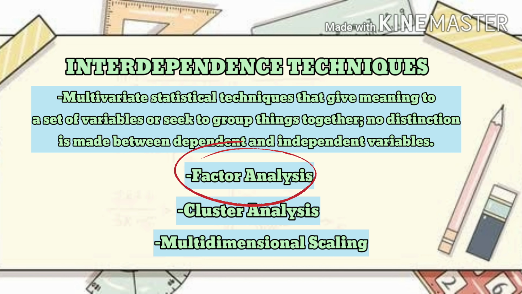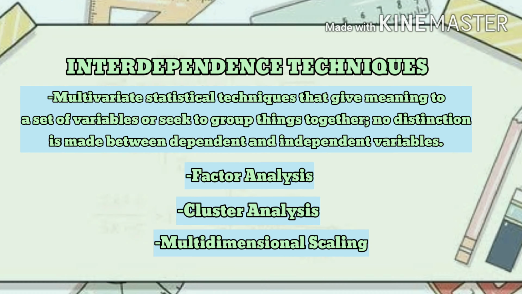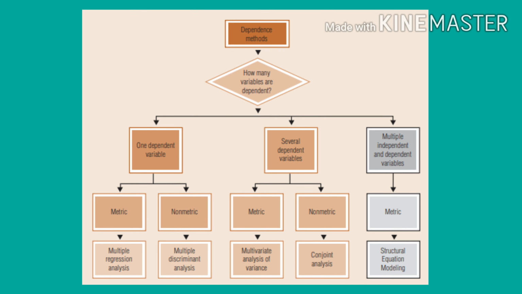A manager might utilize these techniques to determine which employee motivation items tend to group together, to identify profitable customer market segments, or to provide a perceptual map of cities being considered for a new plant. In other forms of data analysis, the nature of the measurement scales will determine which multivariate technique is appropriate for the data.